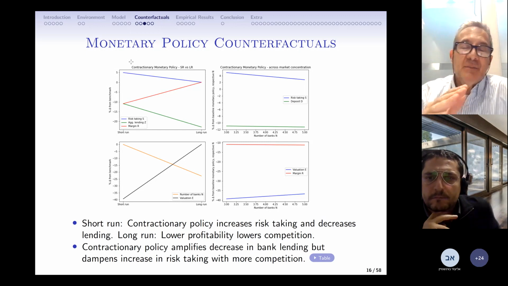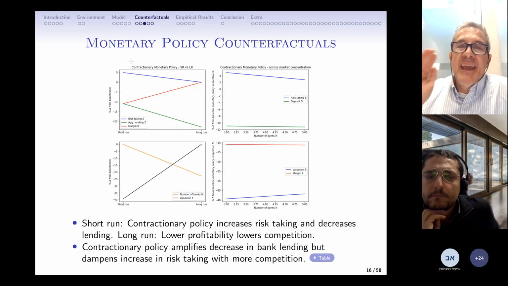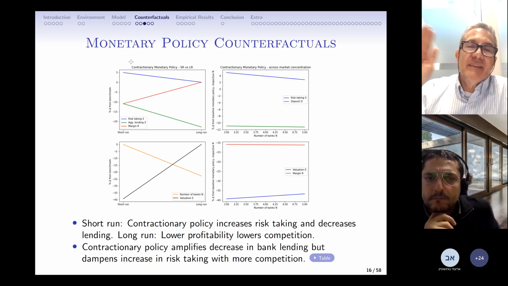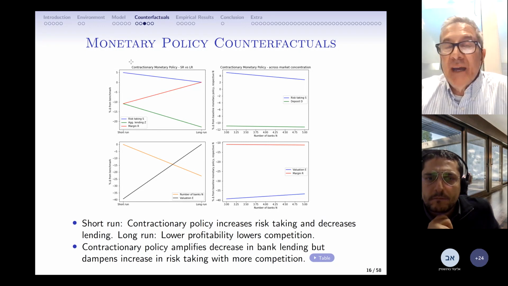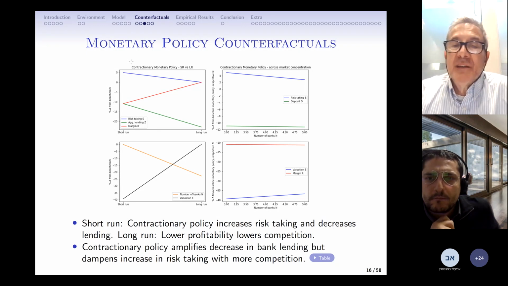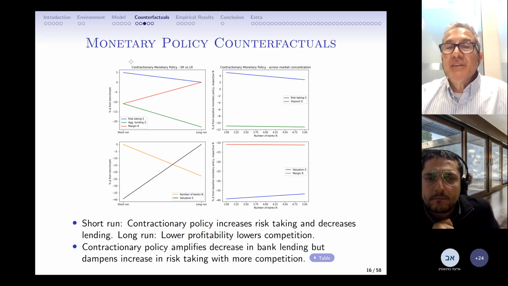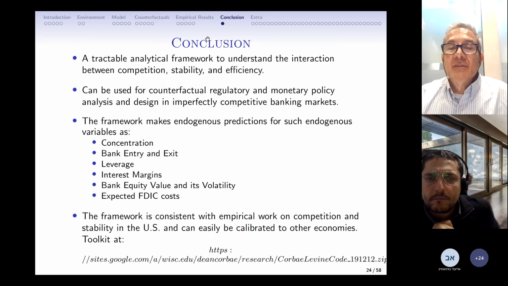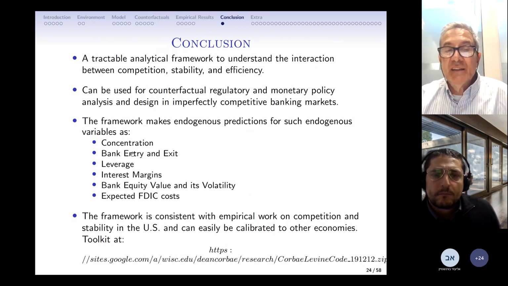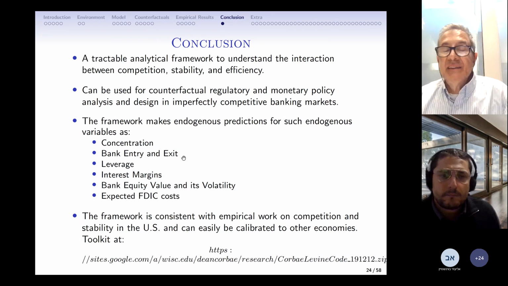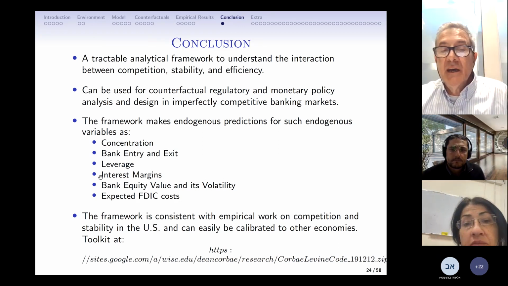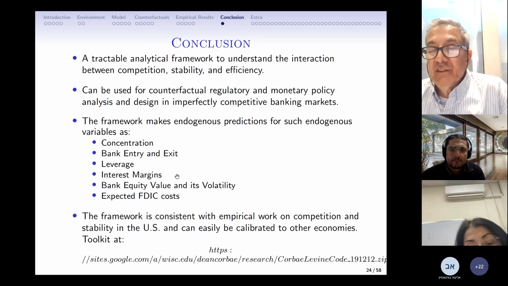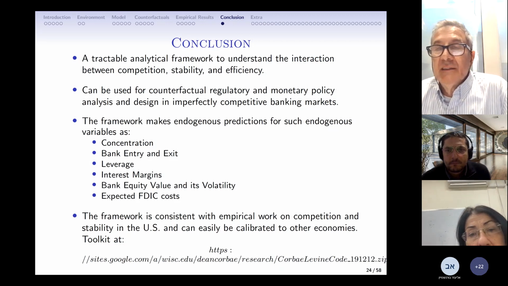So this was just meant to say, when you do monetary policy, in order to think about inflation, think about the impact it might have on all these other variables. What's really different is the impact it might have on concentration, on bank entry and exit, and also, because it's a model with imperfect competition, what it might do to interest margins.